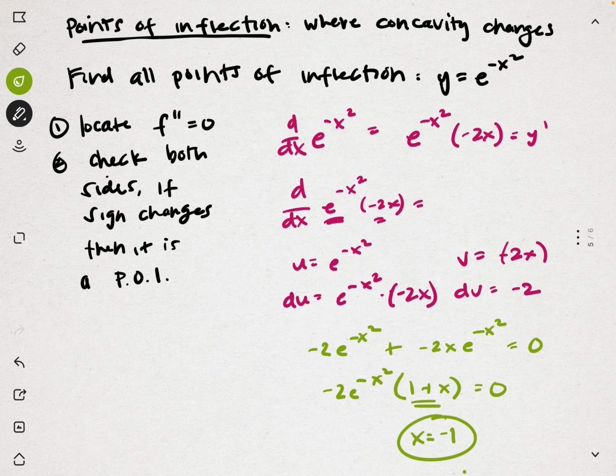Wait, did I do something wrong there? Minus 2x. Oh, I did something wrong there. Okay, wait.